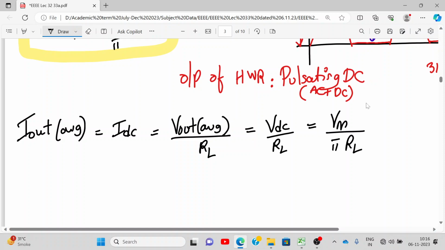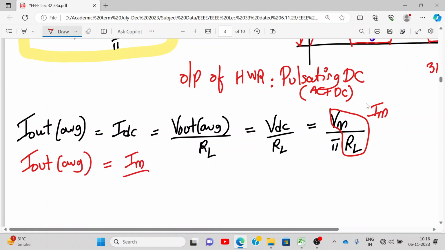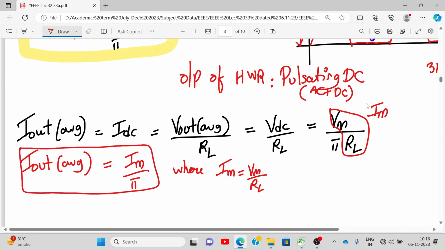Now, Vm upon RL is called Im. So this can be written as I out average is Im upon pi, where Im is Vm upon RL. So that's the output current average value.